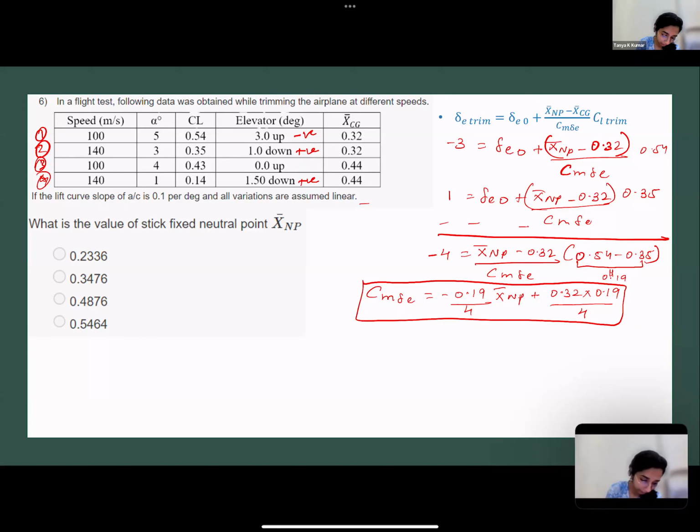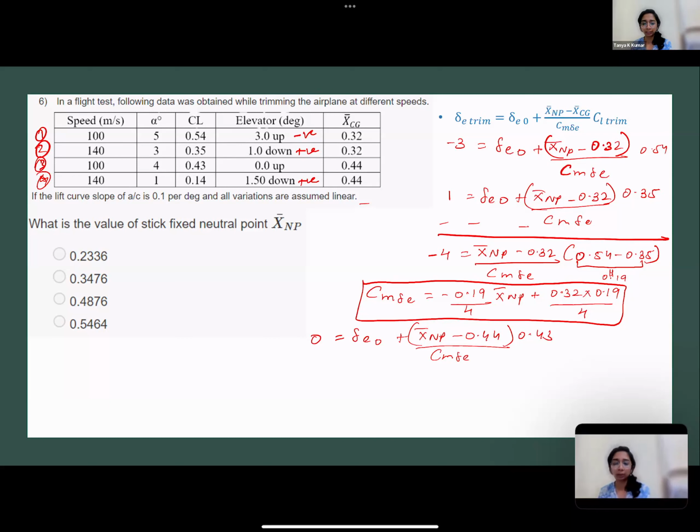So I take 0; up or down doesn't matter. You have again delta E naught, we do not know. X bar NP minus 0.44. CG location has shifted. CM delta E, again, we don't know. And this is 0.43. Here you have 1.5 down.